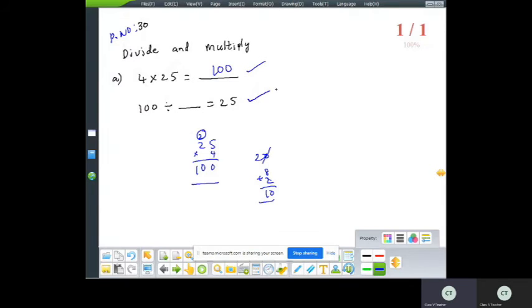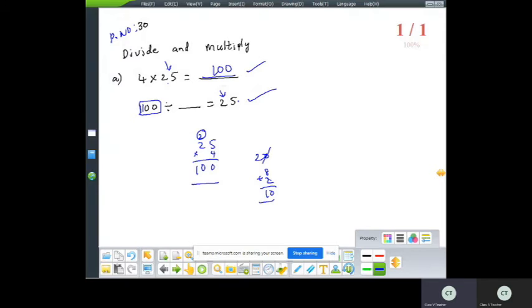Now comparing these two statements, 100 is here, 25 is here. Now here, 4 is not there, there is a blank.